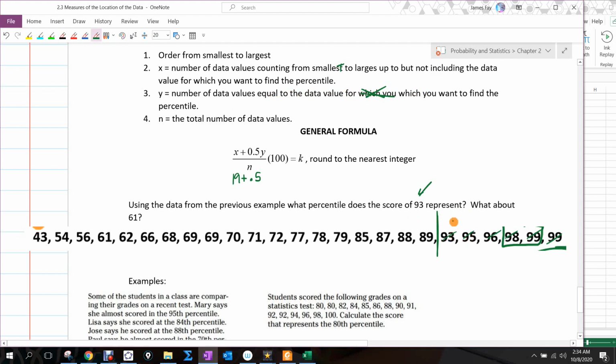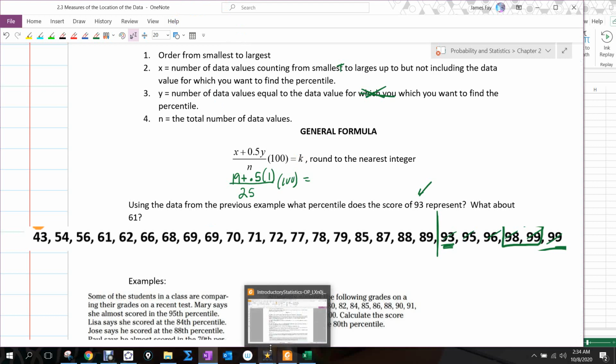So I want to find the percentile for 93, right? Okay, so there's only one 93 in here. We're going to divide that by n. So n was 25. And then this 100 is going to take that to a percent. And that should give me what percentile the 93 is.